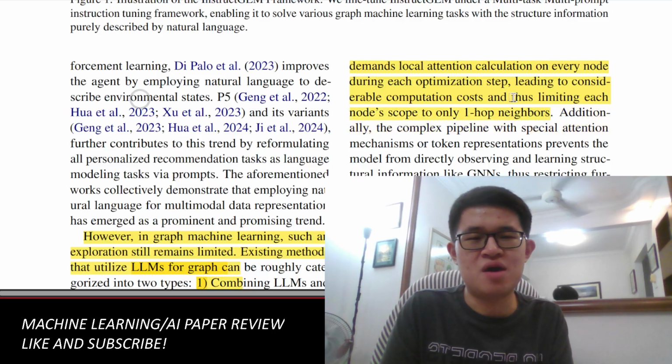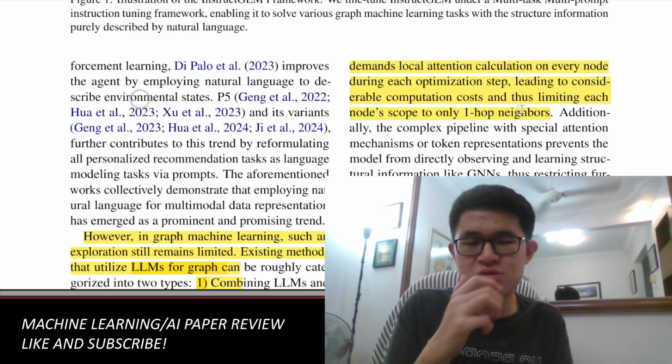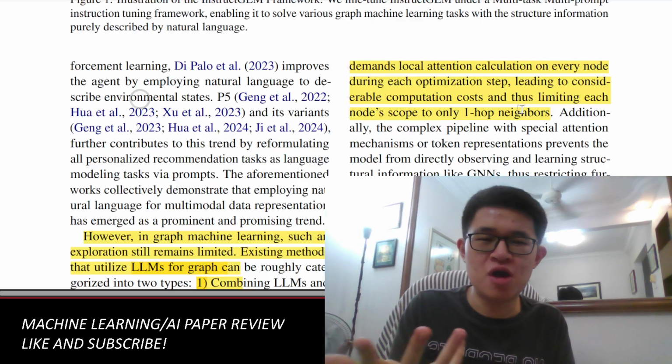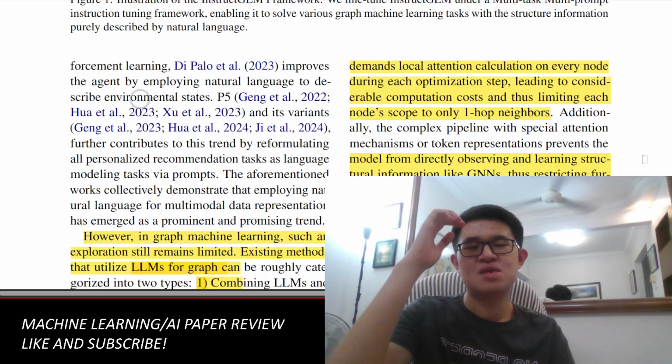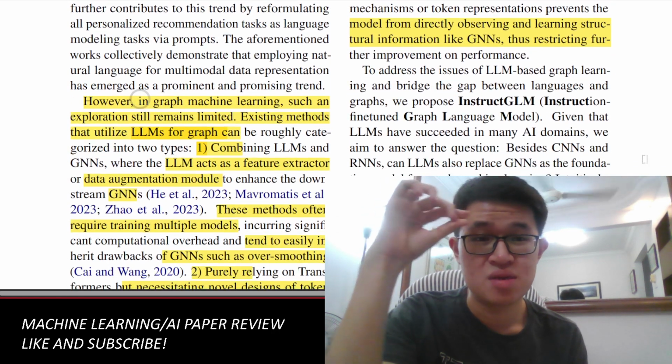And right here it says that it limits each node's scope to only one-hop neighbors, which obviously, right, we need more than one hop. Additionally, the complex pipeline with special attention mechanisms prevents the model from directly observing and learning the structural information like GNNs, which restricts their improvement on performance.